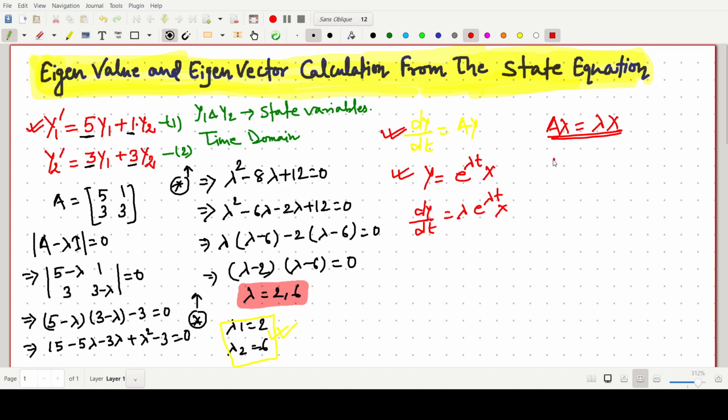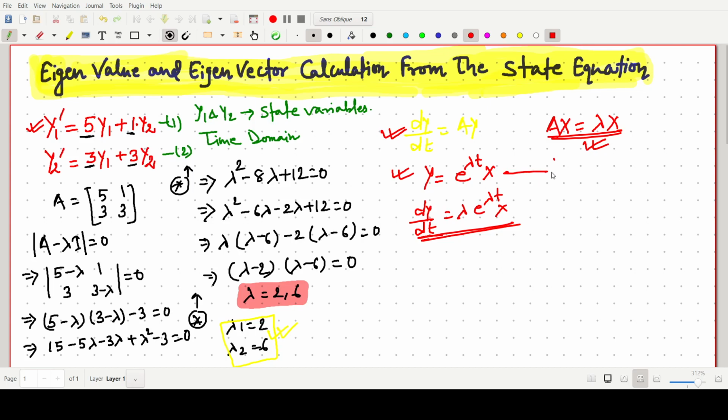So if A is there, Ax equals lambda x. It is coming from this one, and I already derived the expression. We have to write this in terms of y.